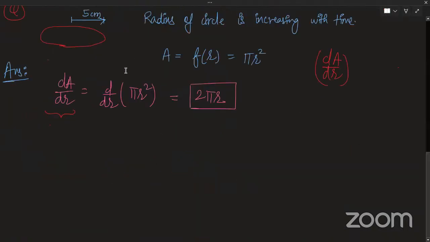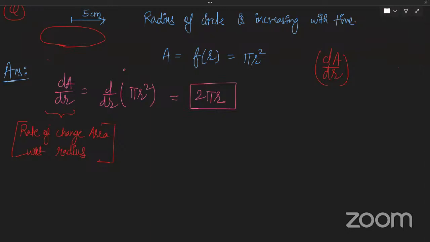So dA by dr means rate of change of area with respect to which variable? R, right? Radius. Because we are differentiating it with respect to R.